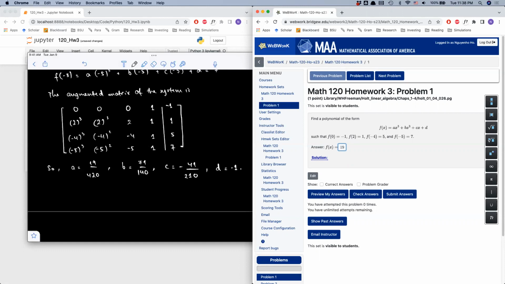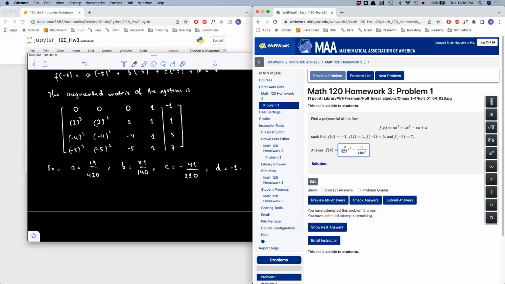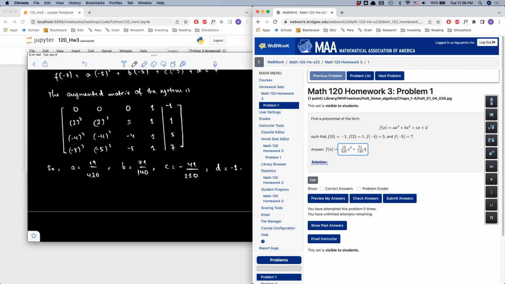So 19 over 420 x cubed plus 71 over 140 x squared, right? X squared, minus 41 over 210 times x, and then minus 1. Now let's check the answer and see what happened.